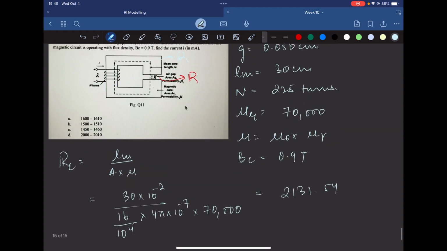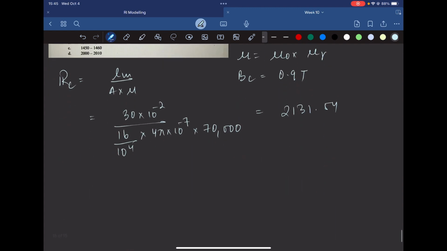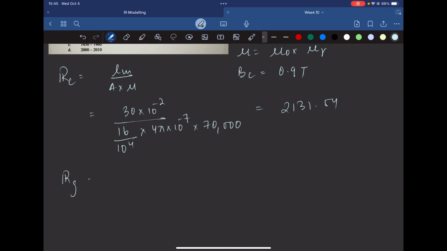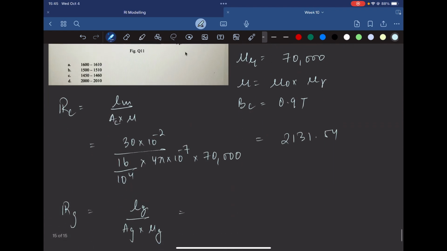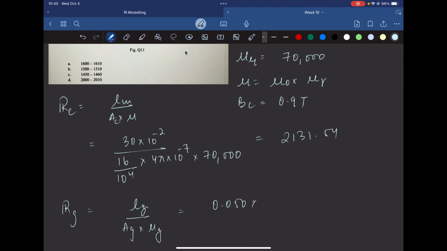Now similarly for the air gap also you can calculate. Air gap reluctance is what? Lg upon Ag times mu g. We are given g as 0.050 centimeter, so 10 raised to the power minus 2, Ag is 16 over 10 raised to the power 4, into mu naught only, right?